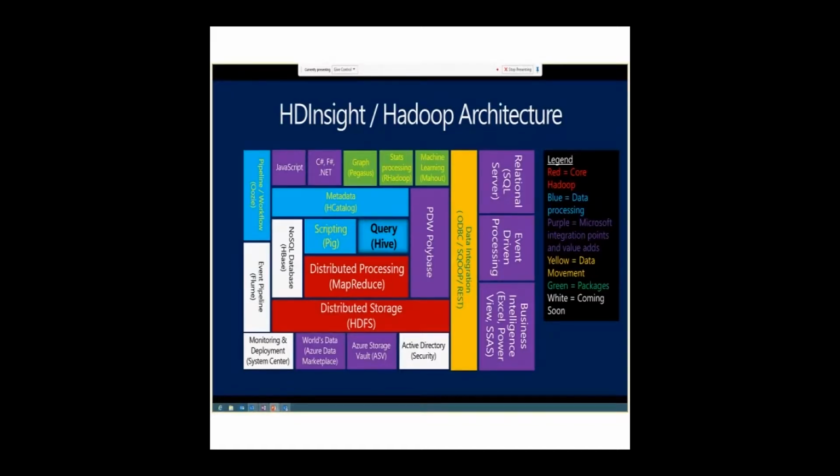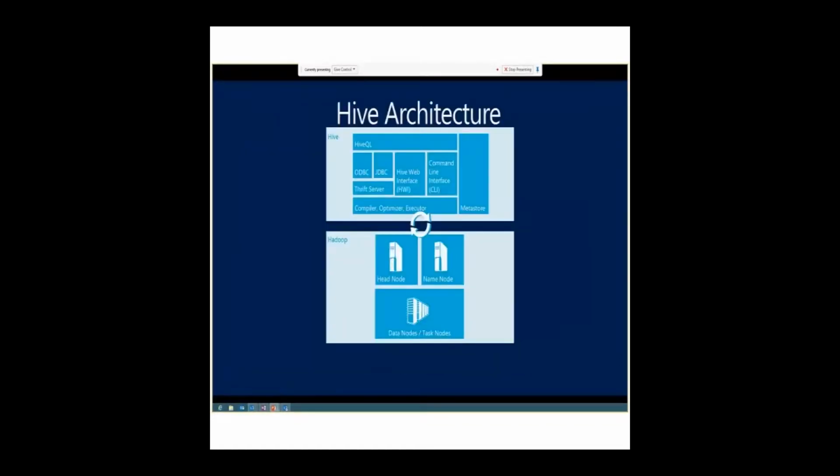So now I want to talk about the Hive architecture. So you've got Hadoop sitting out there hosting your data, running its MapReduce code, and we hide that complexity from you with Hive. And HiveQL is the language that you use, HQL or HiveQL, and it is a structured query language.